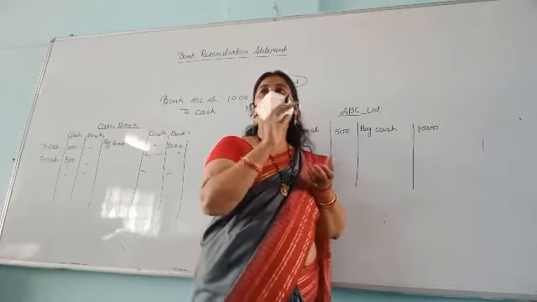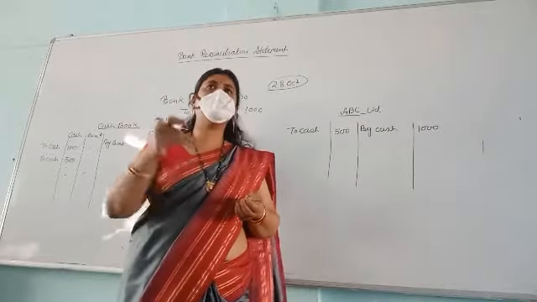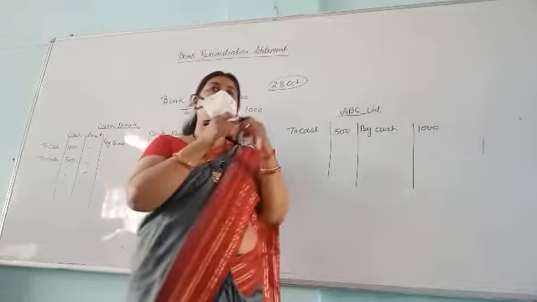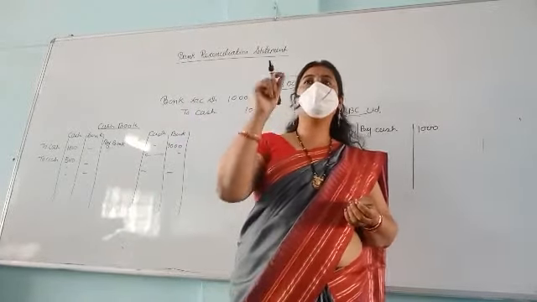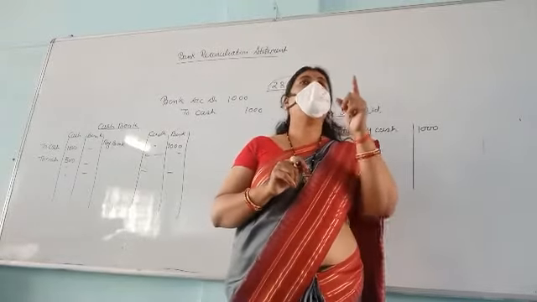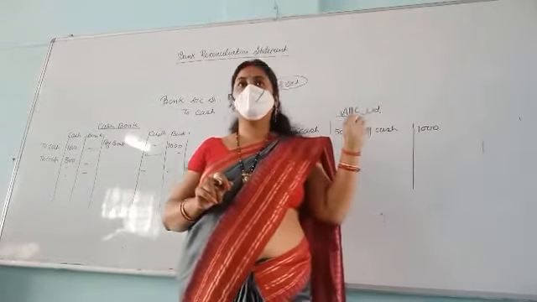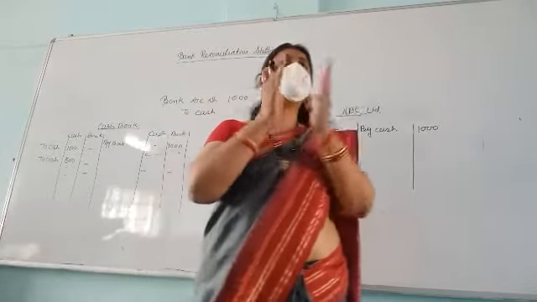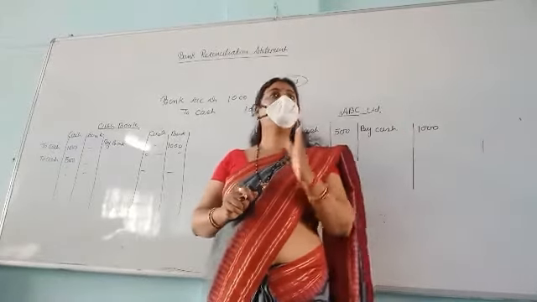Because you have kept the check in your pocket. You have not deposited the check into the bank. The bank will debit our account only when you submit that check into the bank. Is it clear or not? The bank will debit our account only when the bank receives the check.